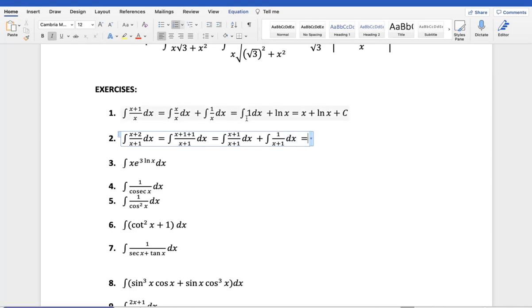And that would give us the integral of 1 dx plus the integral of 1 over (x plus 1), which once again, if you go back to the video we made on the revision of integration rules, is just equal to ln of (x plus 1).